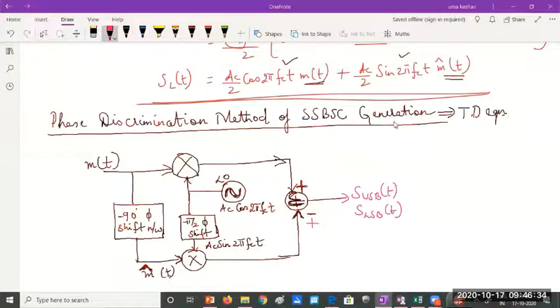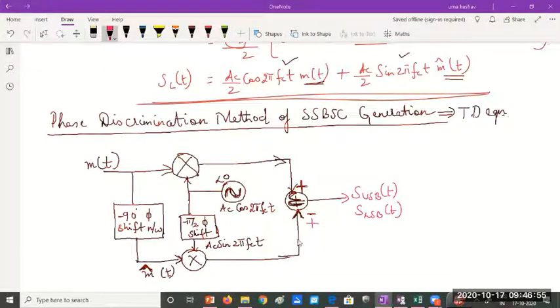So the phase discrimination method of SSB-SC generation involves this circuit or block diagram. Very simple. We got it directly from the time domain equation. That's the reason I wanted to show you the time domain equation of SSB-SC and how to generate the signal.